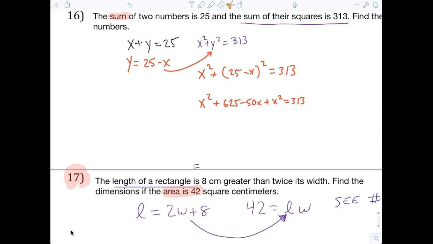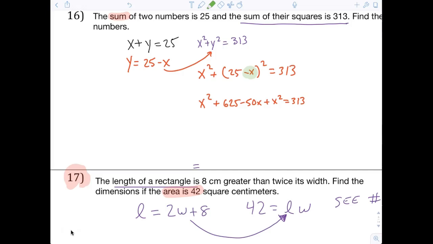Now, is everybody okay with that, or do I need to show you where I got the negative 50 from? My question is why is the x squared positive and non-negative? Because you are squaring negative x. Negative x times negative x is x squared.